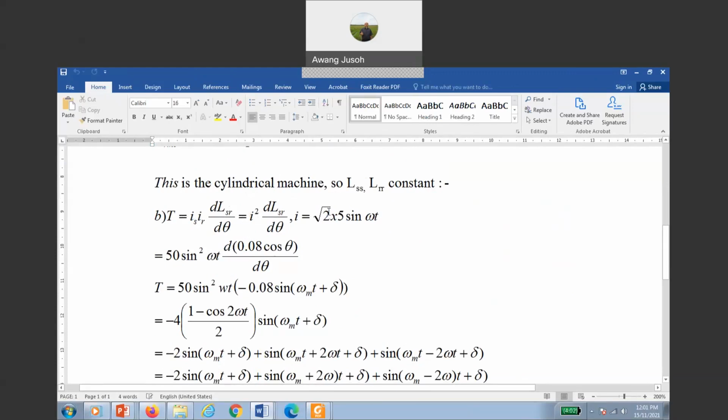You know I is equal to square root of 2 multiplied by 5 sine omega t. Then substitute here, we get the sine squared. Here you get the square root of 2 multiplied by 5, and the square of this thing gives 50. And the answer is 50 sine squared, and then the differentiation of the mutual inductance.